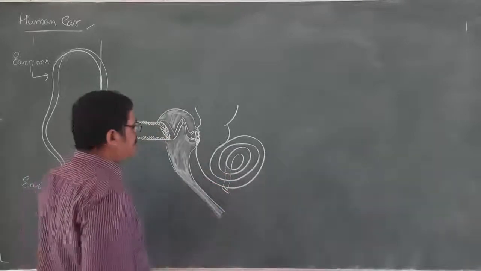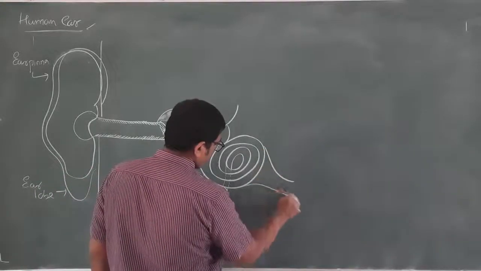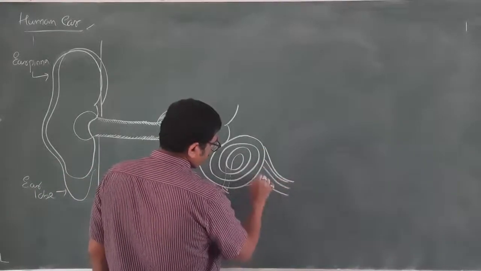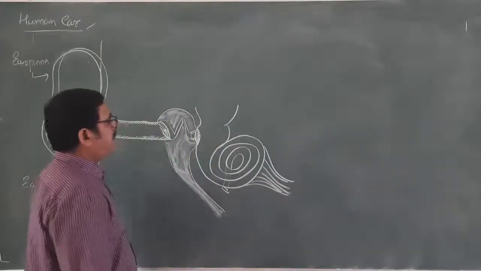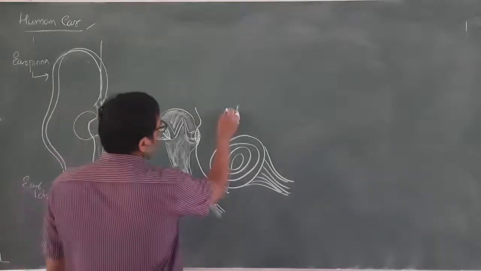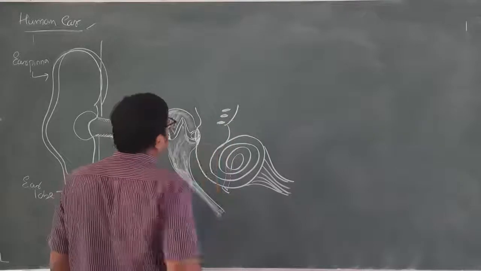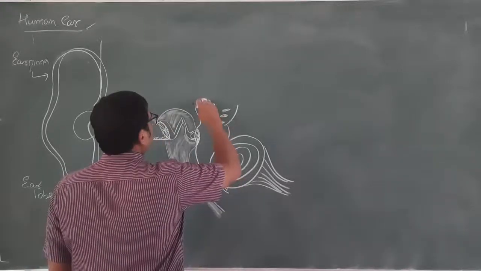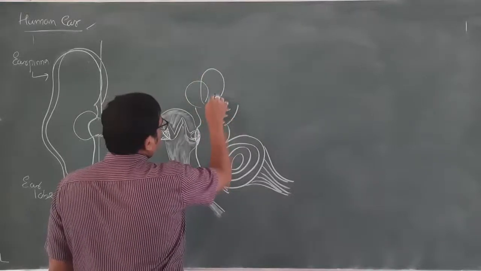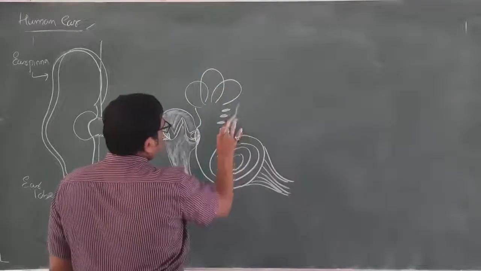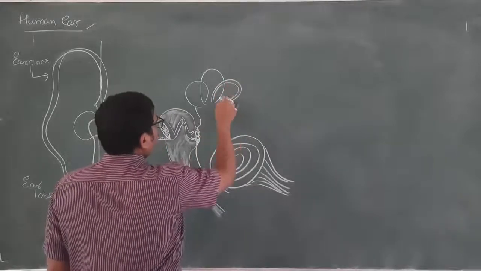This is called the cochlea, and mainly these are the auditory nerves going together. Then here we find the utriculus, macula and sacculus, and these are what we call the semicircular canals.